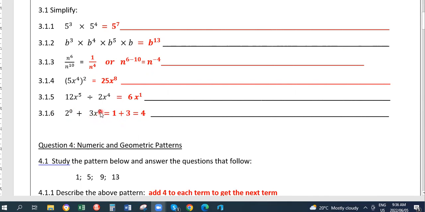Remember, we're not raising 3 to the 0, we're only raising the x. So this entire x to the 0 becomes 1, and 3 times the 1 will give me 3.